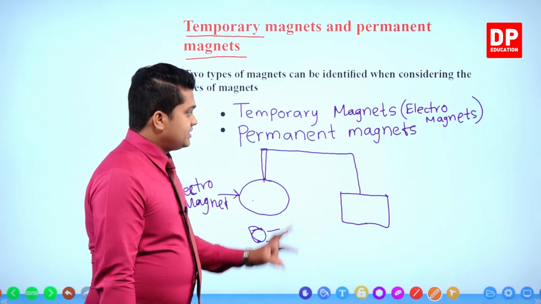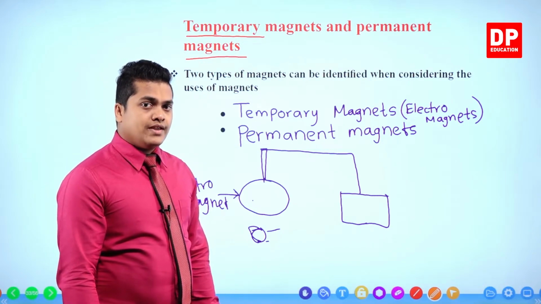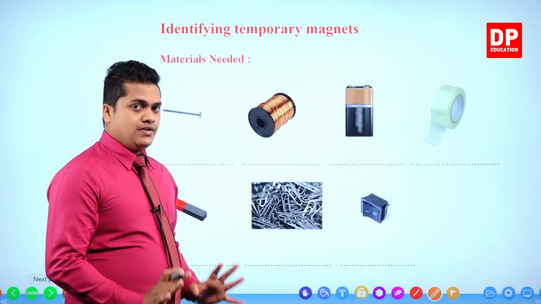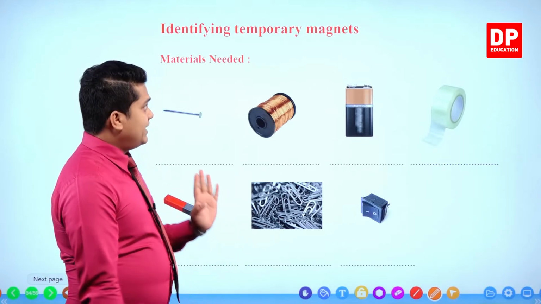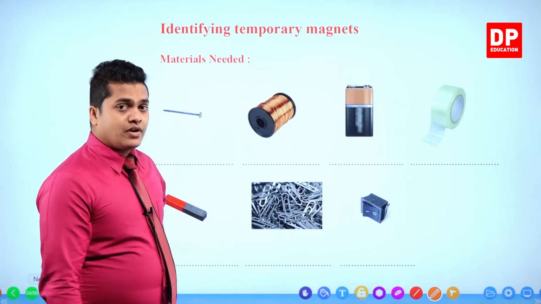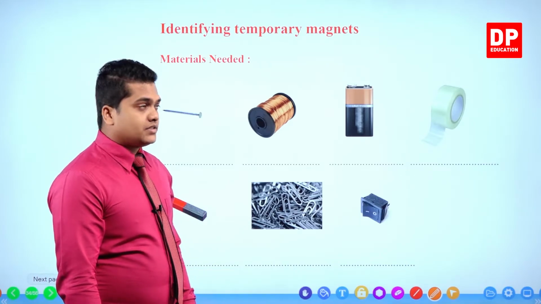Okay, so this is about the electromagnet or the temporary magnets. Now let's see further details related to these magnets. In this part, we'll be discussing how we can identify temporary magnets.